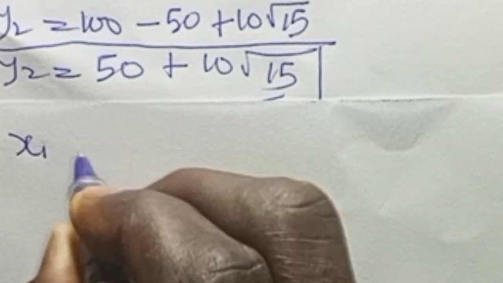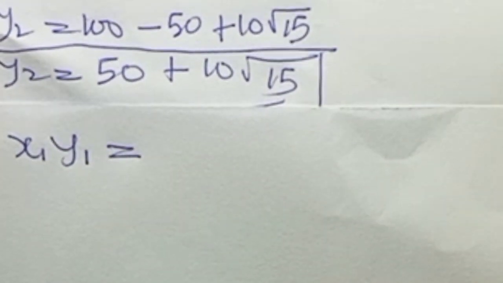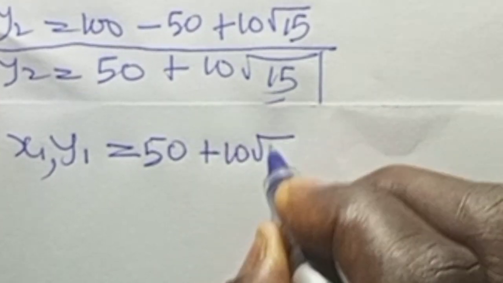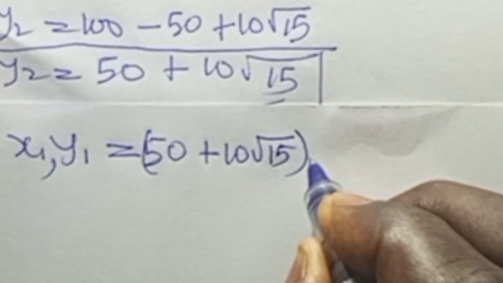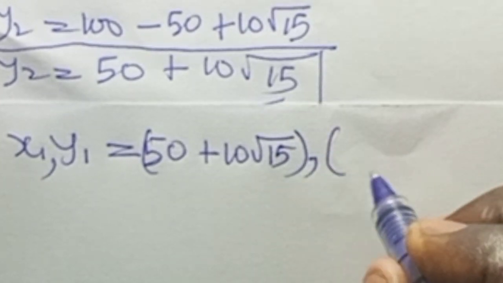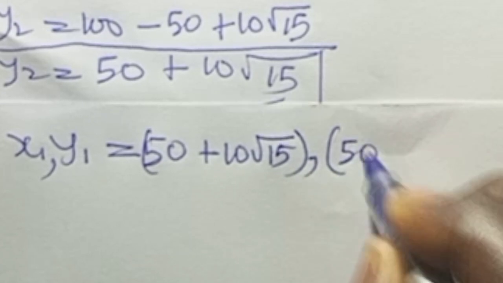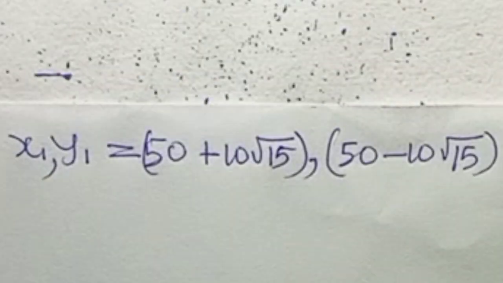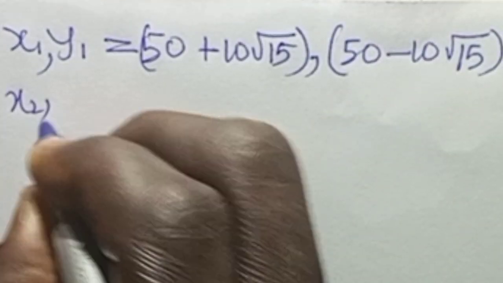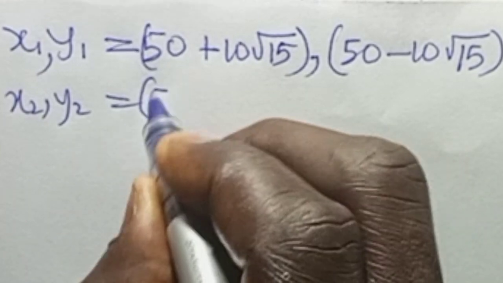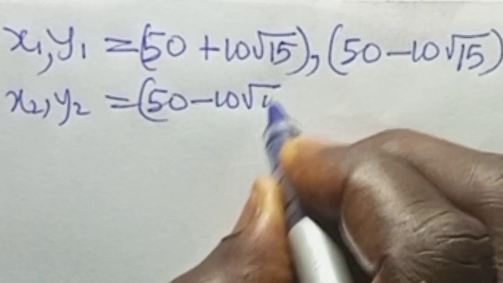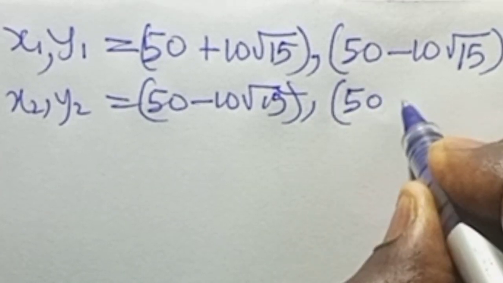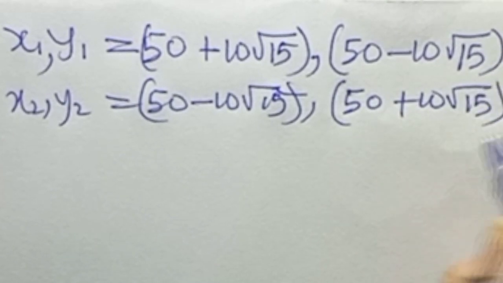So x1, y1 will be equal to 50 plus 10 root 15 and y1 is 50 minus 10 root 15, and x2 is equal to 50 minus 10 root 15, and y2 is 50 plus 10 root 15.